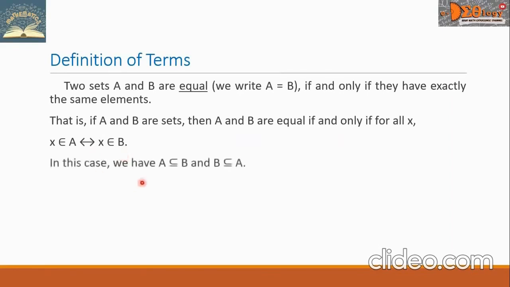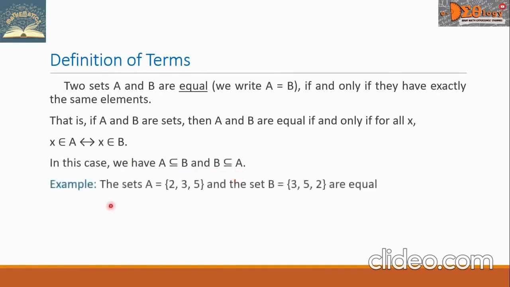In this case, we have A is a subset of B and B is a subset of A. Example, the set A whose elements are 2, 3, 5 and the set B whose elements are 3, 5, and 2 are equal because they have the same elements.